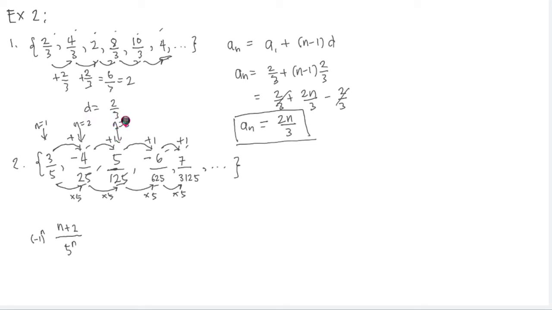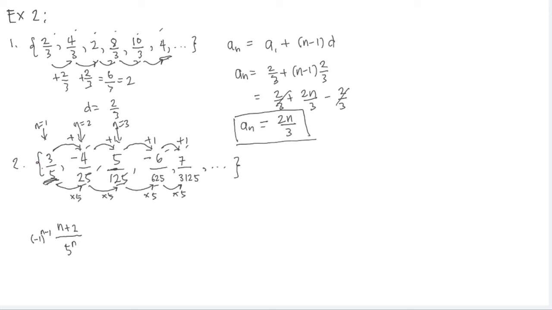So if n equals 1, negative 1 to the n, negative 1 to the 1, is negative. But we need a positive number here. So what do you do? You subtract 1. So n minus 1 is 1 minus 1, which is 0, and negative 1 to the 0 is positive. So now the negative 1 term agrees with the first term. Negative 1 to the 0 is positive, and this is positive.